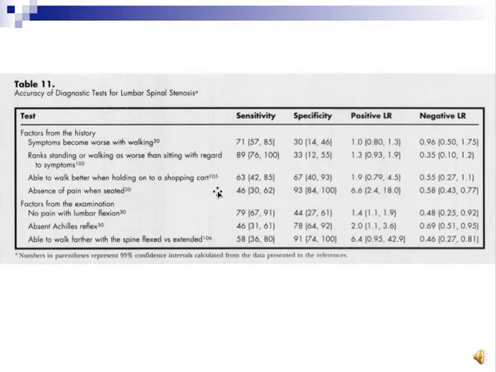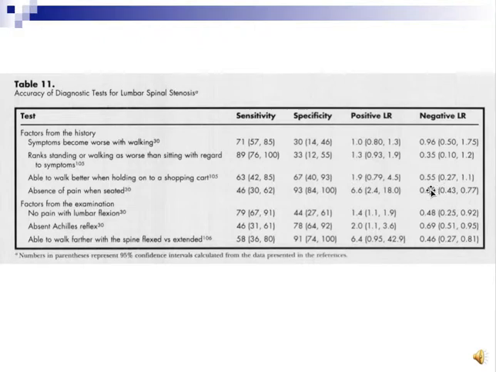But if we go down here to the absence of pain when seated, and compare that to the sensitivity and specificity values, we can see that it is indeed much higher than 1, 6.6, and the confidence interval could be as low as 2.4 or as high as 18 times more likely to have the disease, and so it reflects this high specificity value. But now if we look at the ability to rule it out, which is reflected in the sensitivity, we can see that it's 0.58, so it is significant in reducing our probability of whether we think they do or don't have the pain.